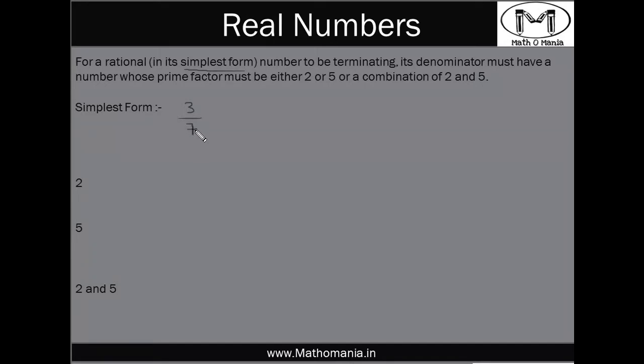As 3 and 7 don't have any common factor, this is the simplest form. Now, let us suppose we have another number 18 by 27. Both have 9 as their common factor. So, first of all, we'll remove that common factor. We'll cut these two numbers by 9 and we get 2 by 3.